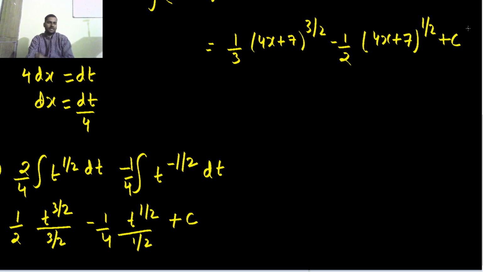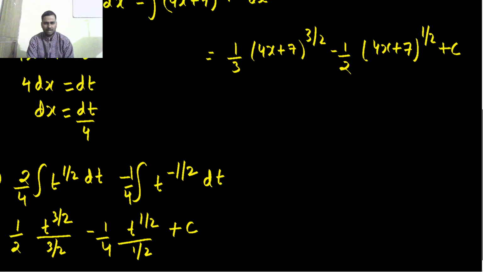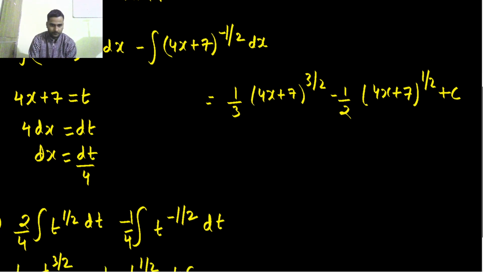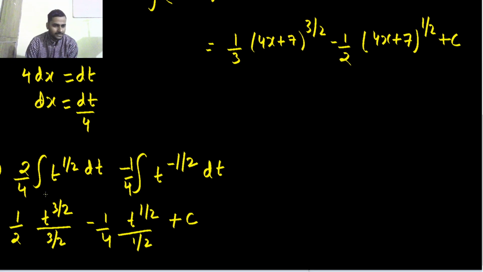Now what I was talking about earlier, if you haven't done this substitution, then also you would have done this. How? Treat this similar to x power half, so the integration of x power half is x power 3 by 2 divided by 3 by 2. And at last what you do? Just divide by 4. As you can see, the same thing happened here. Division by 4 in both the cases.